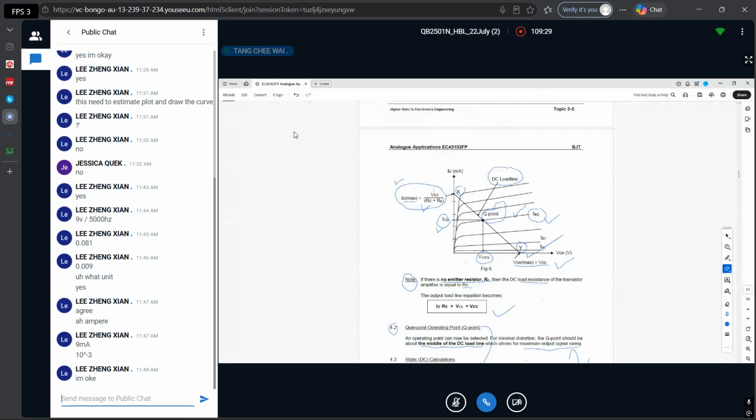Now this is the point, I repeat, called cutoff. That means when there is no base current. You see here carefully. They say VCE max equals VCC. When the transistor is not conducting, there is no collector current, 0.